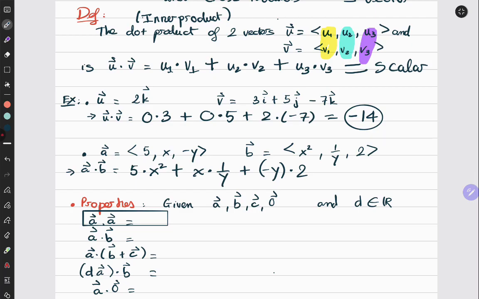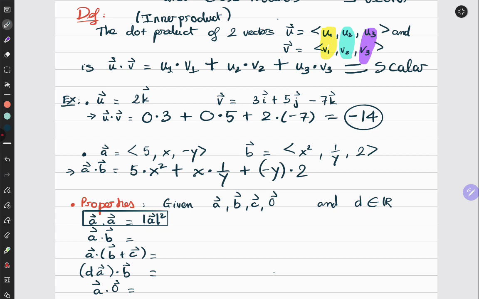Some properties about the dot product. If you multiply a vector by itself, you return a scalar, right? But what is special about this scalar? It is the square of the length of that vector. The length, not the absolute value. The square of the length of this vector.